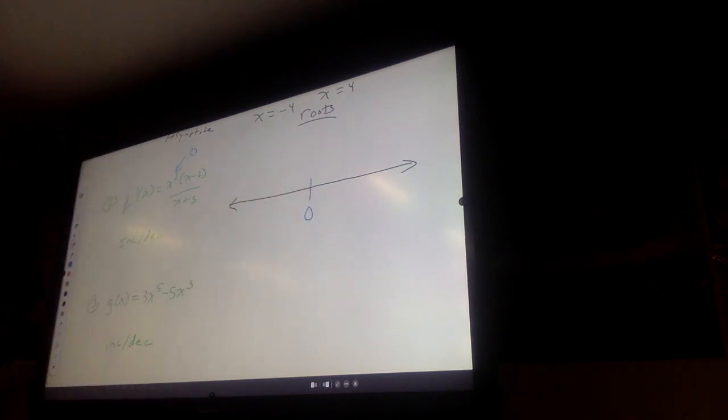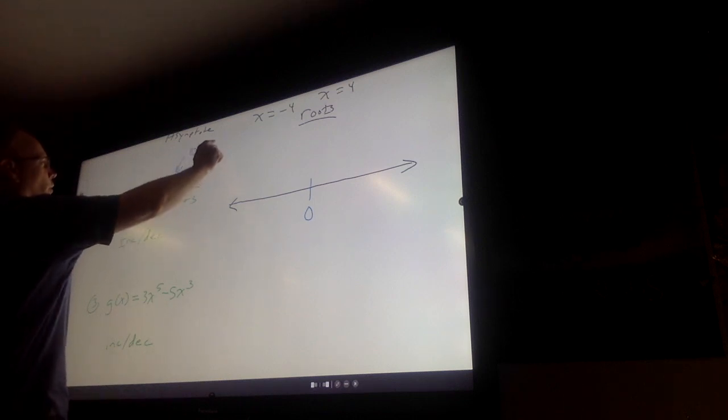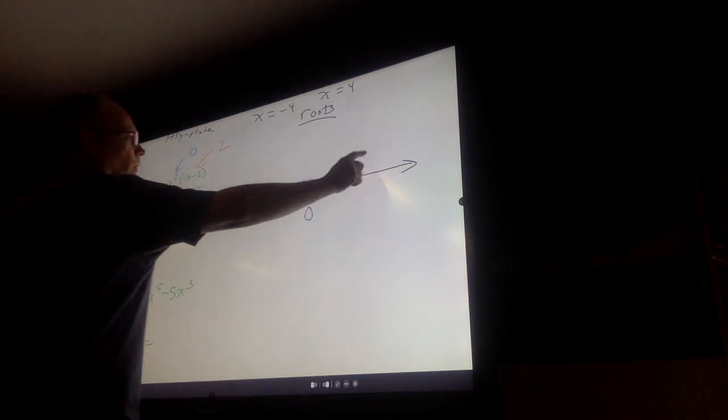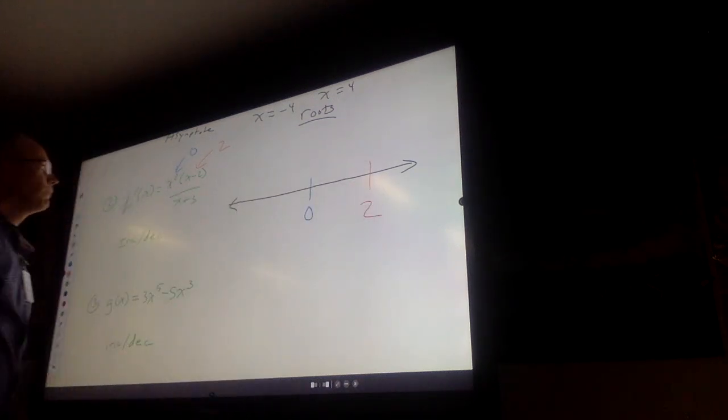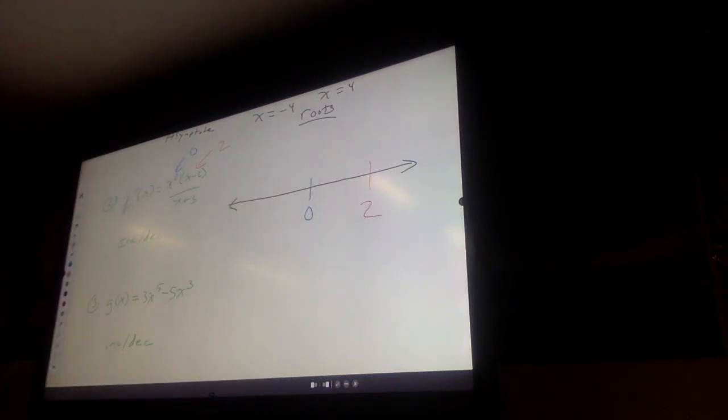Is that okay? This is going to give me 2. And then the denominator is just going to give me an undefined term if I make -3 down there. So I'm just looking at the top. All right.